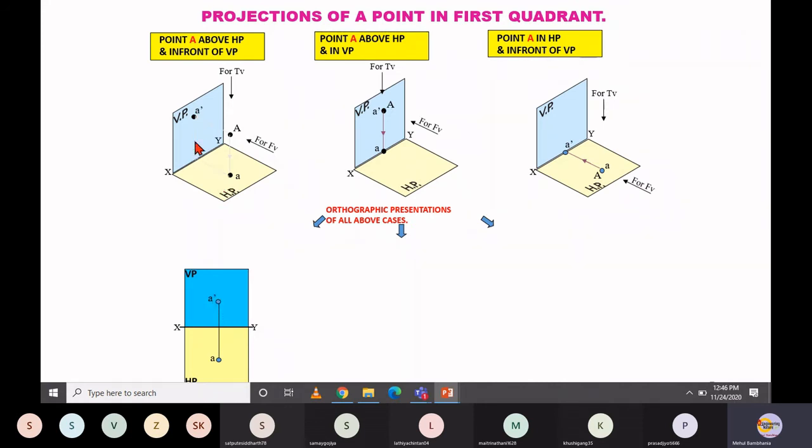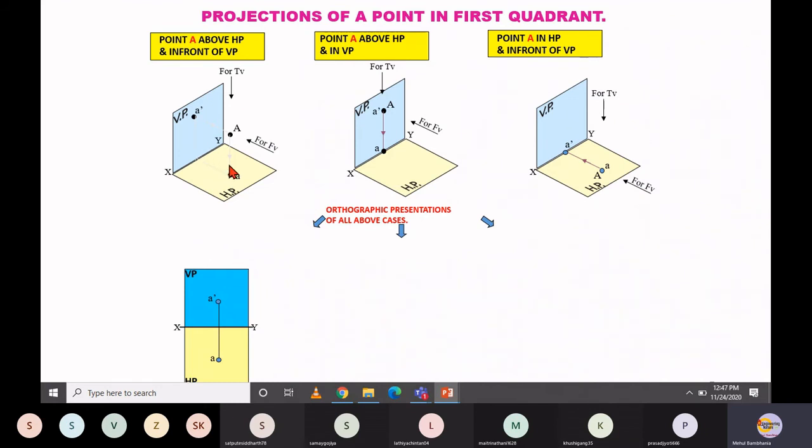So the front view projection depends on how much height is given with respect to the horizontal plane. What about the top view? When you look for the top view, the projection appears on this horizontal plane, this far from XY. What is this distance exactly? This distance refers to how far it is in front of VP.